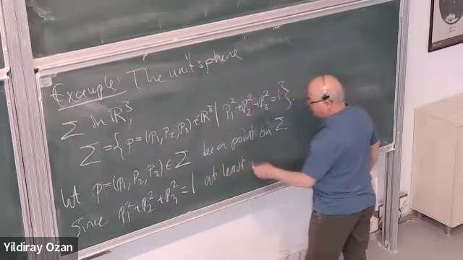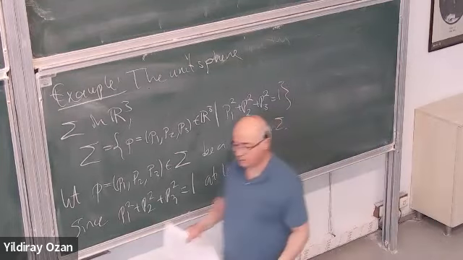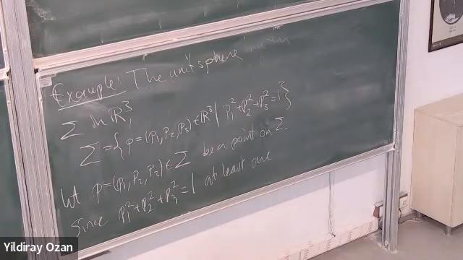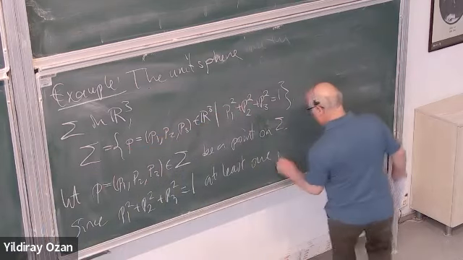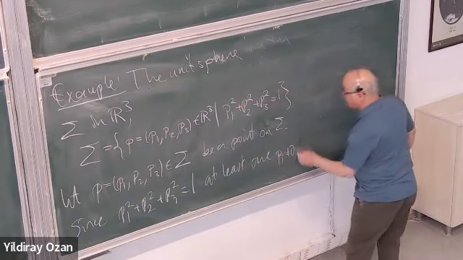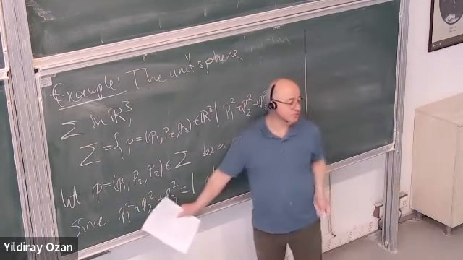At least one Pi is not 0. Three coordinates cannot all be 0.